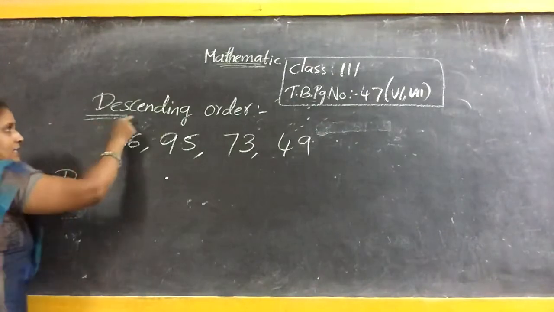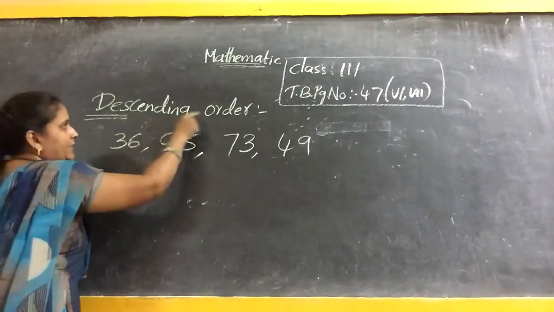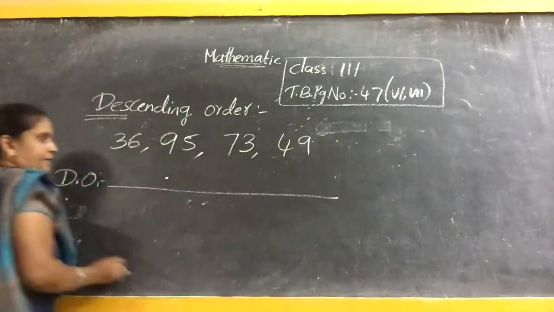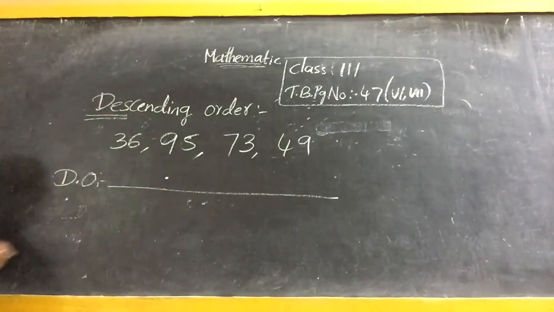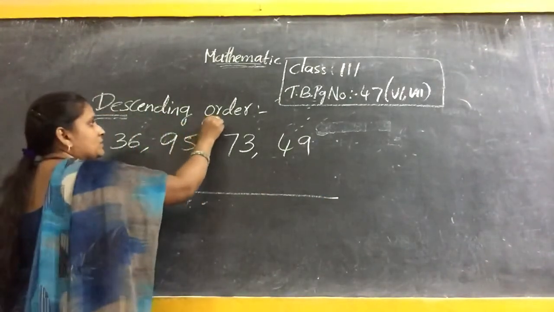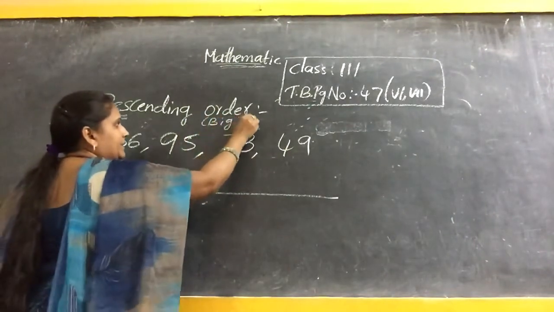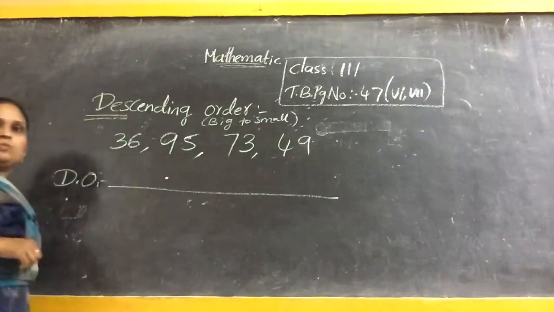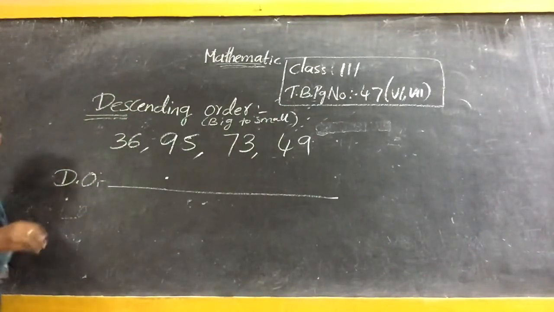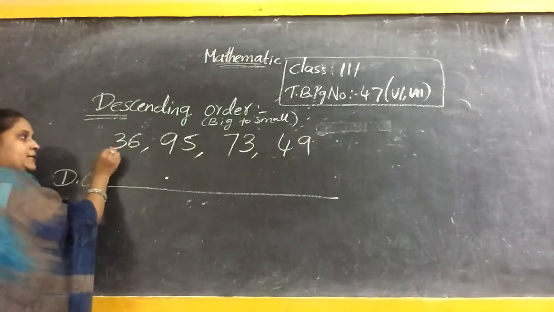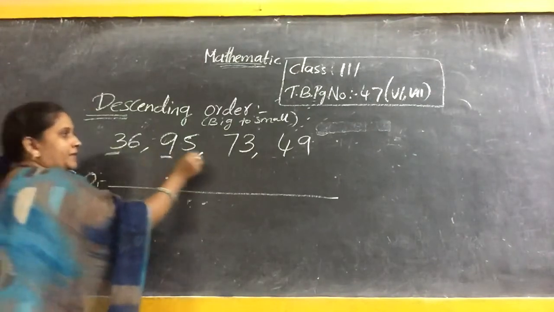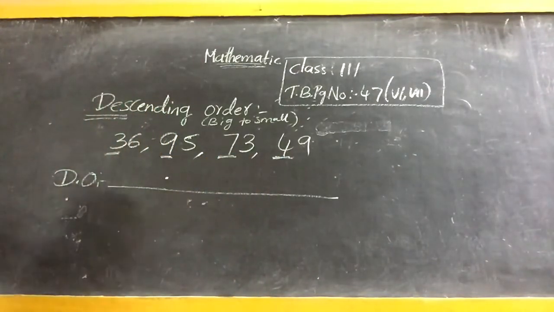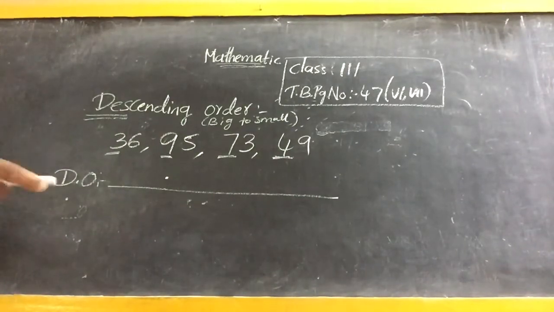Now D-O. It means descending order. Descending order means big number to small number, big to small. Now, underline the first digits of the given numbers.